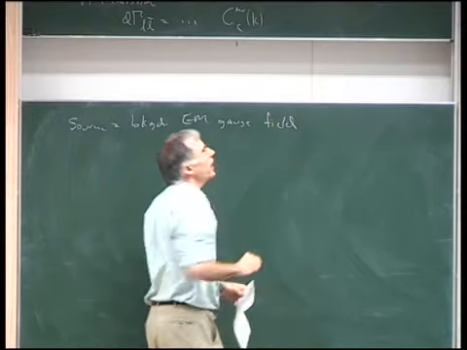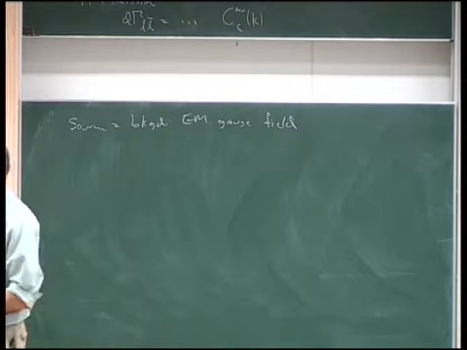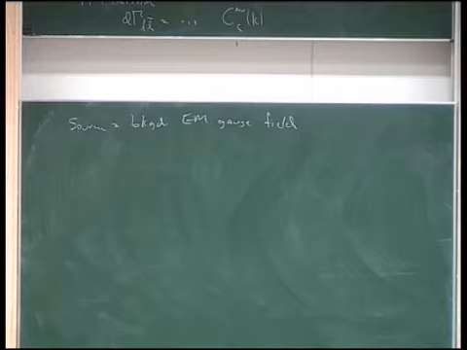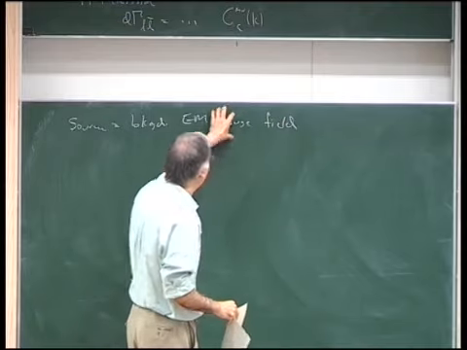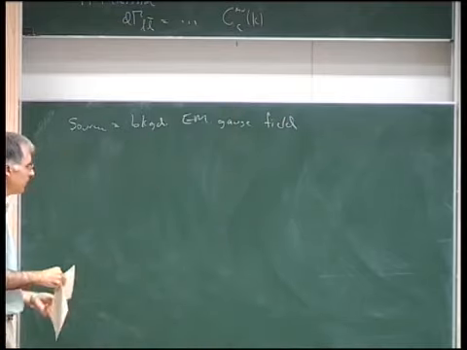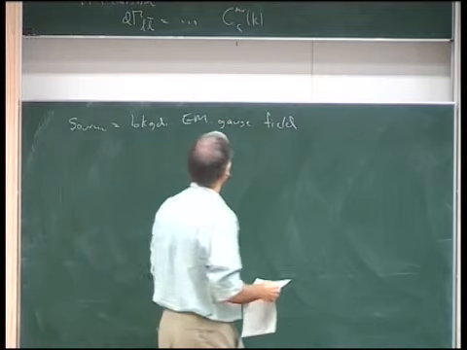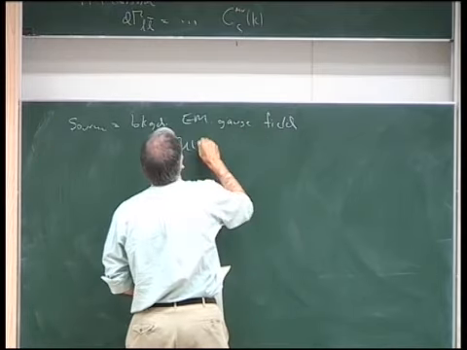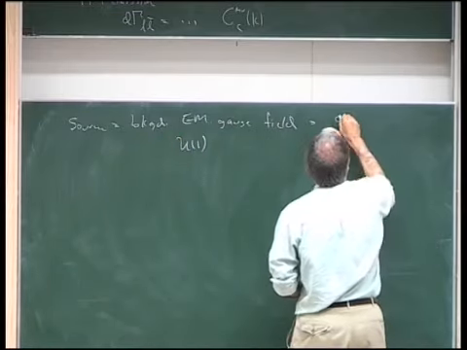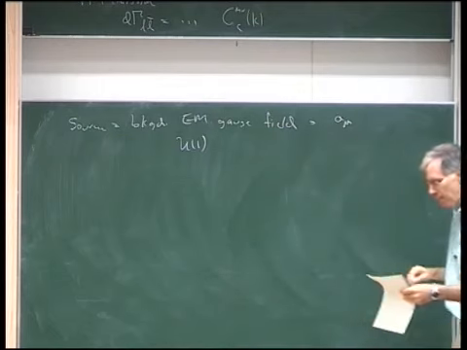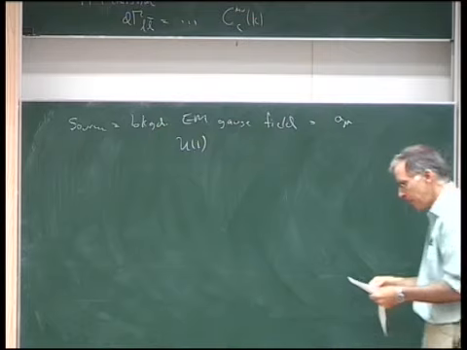For the purpose of calculating that correlation function, I'm perfectly free to think of this as a non-dynamical gauge field. So I don't really have to think about quantum electrodynamics at all. I just have some given background U(1) gauge field. And because I want to use capital A_mu for something else later, I'm going to call it little a_mu.